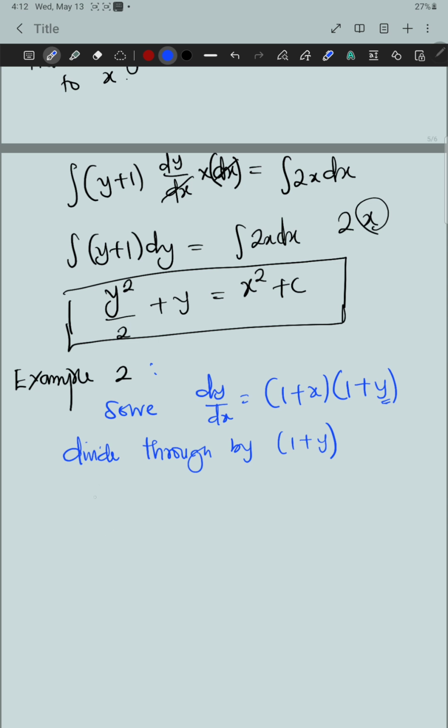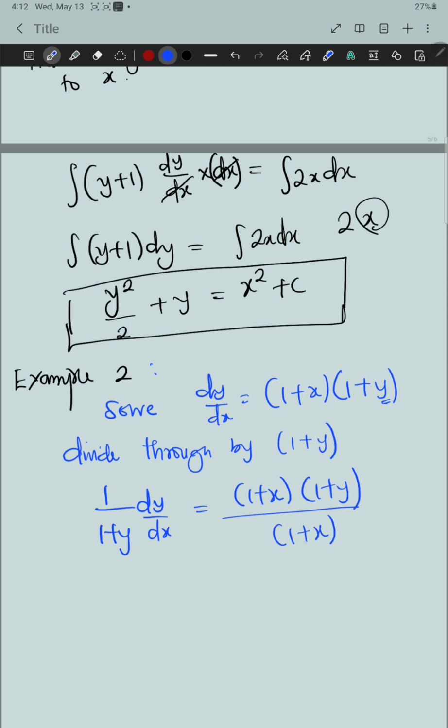Let's divide through. And first of all, before you integrate, we have 1 over 1 plus y, dy over dx is equal to 1 plus x into brackets 1 plus y divided by 1 plus y.